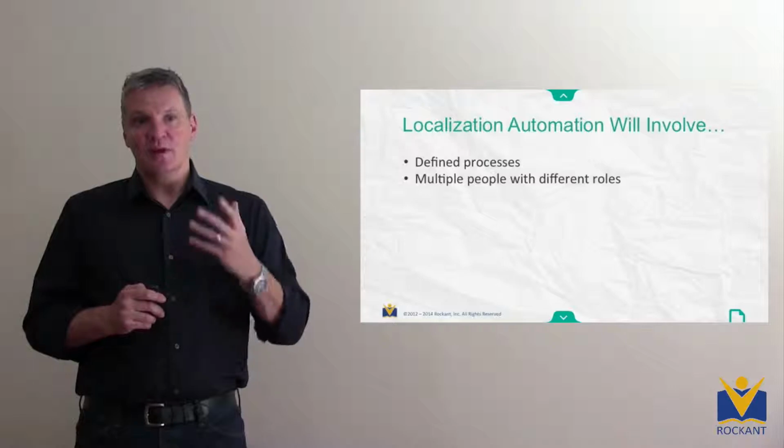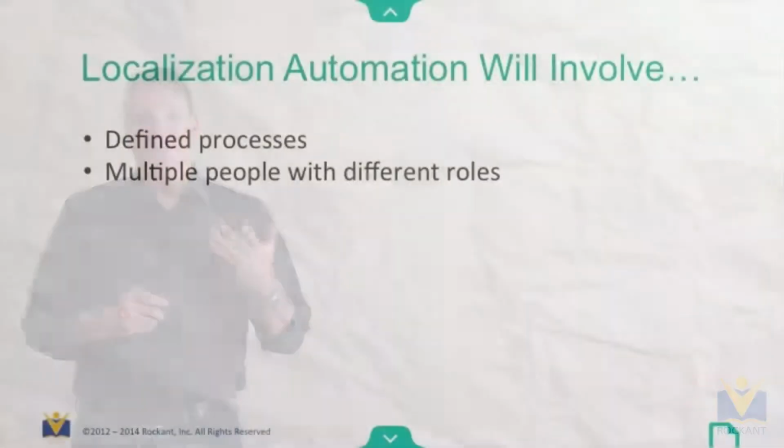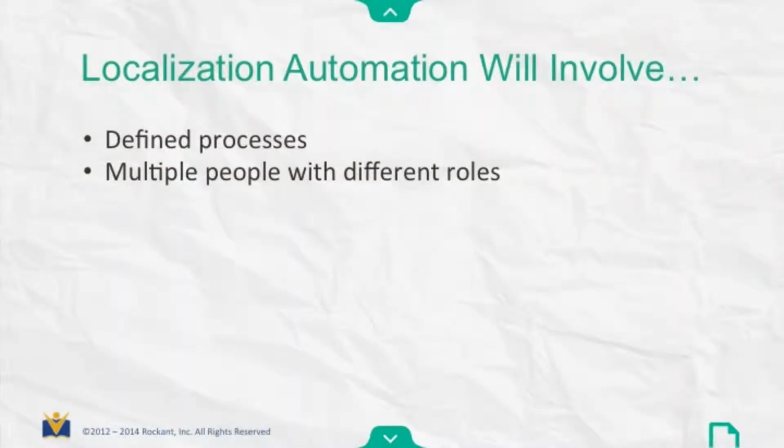Localization automation will involve two things: defined processes and multiple people that work in different roles within those processes. Even if you did not automate at all, you would still define some kind of process and the roles of the people that are part of it.